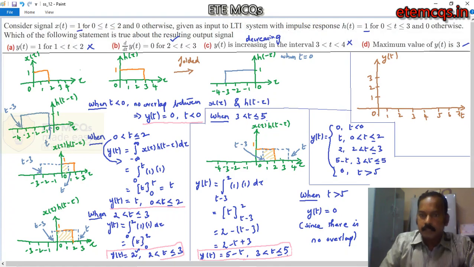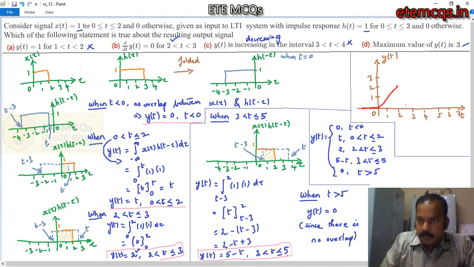Now the output signal y of t is equal to 0 for t less than 0. It remains 0 as long as t is less than 0. When t is between 0 and 2, output takes a value equal to t itself. As long as it is between 0 and 2, the output is linear, almost a straight line.